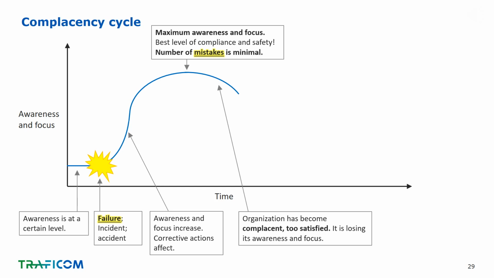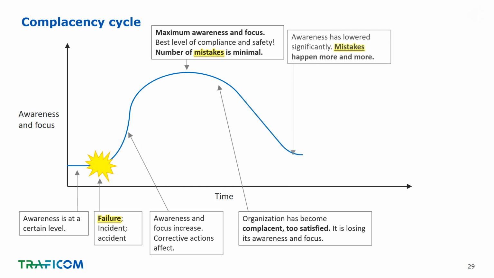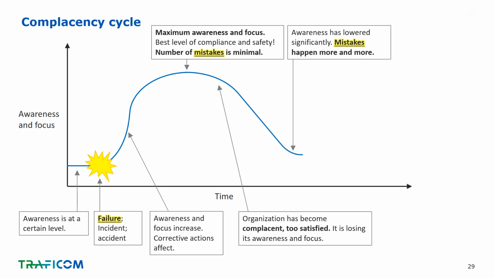It is really difficult to remain alert and focused on something that works fine, so we start losing the focus and awareness of this matter. As awareness and focus continue their descent, more and more mistakes happen until one day another severe failure happens and we start the same roller coaster ride again.